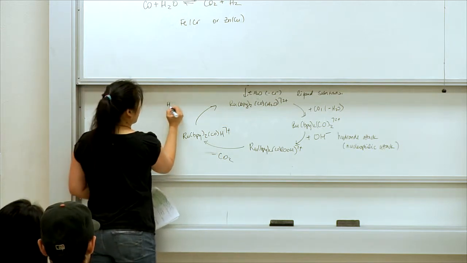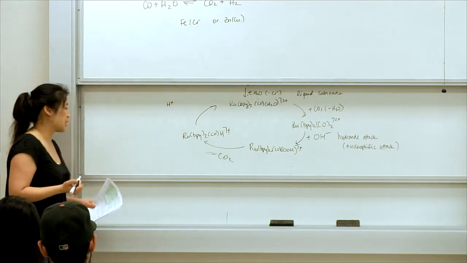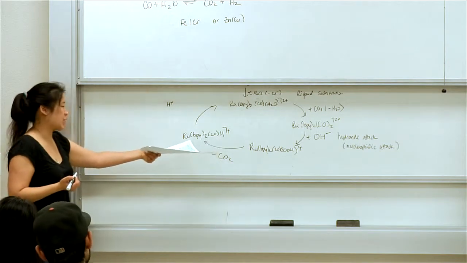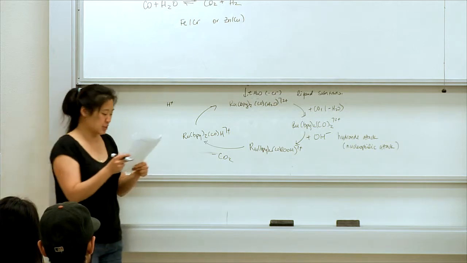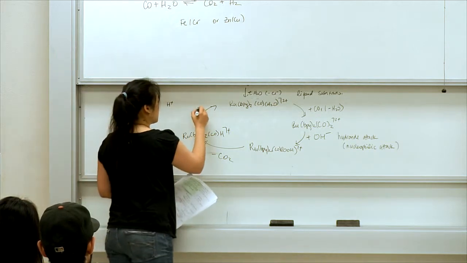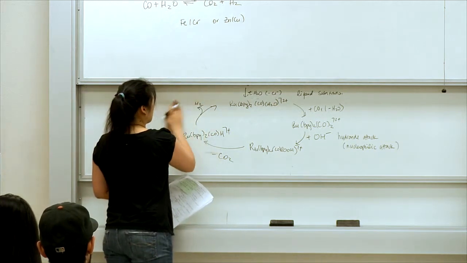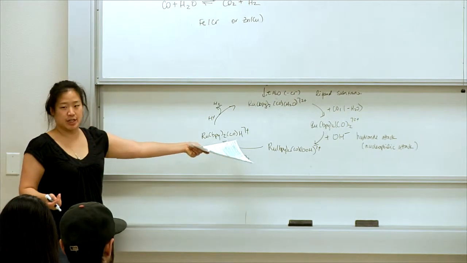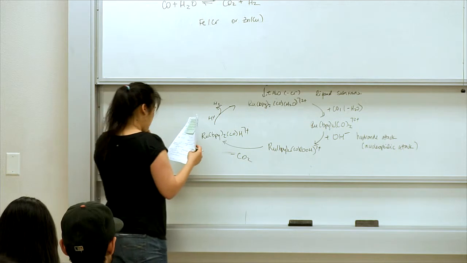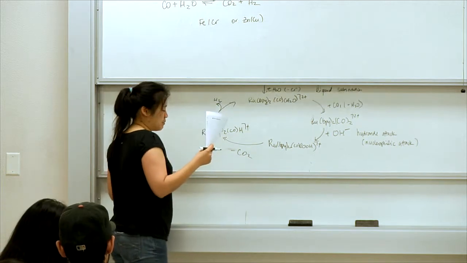I guess you're in water, so it's H3O+, but you basically get acid addition. So one of the reactions that you knew can happen with hydrides is protonation of a hydride to make hydrogen. So you add H+, you lose H2 to this metal hydride, which is a reaction that you're familiar with.